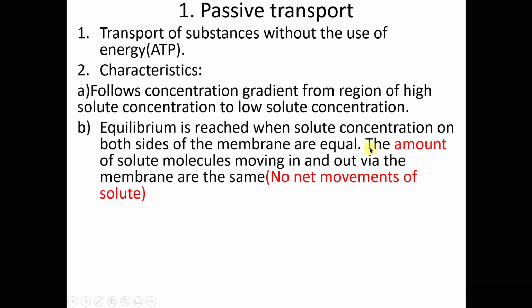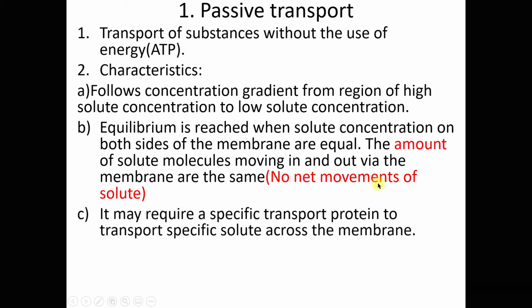That's why I mentioned the amount of solute molecules moving in and out via the plasma membrane or the cell membrane is the same, sama. And that we call no net movement. Usually students, you tend to think no net movement means tiada pergerakan solute itu, langsung tiada pergerakan. Salah. Sebenarnya ada, tapi dia equally the same from both sides.